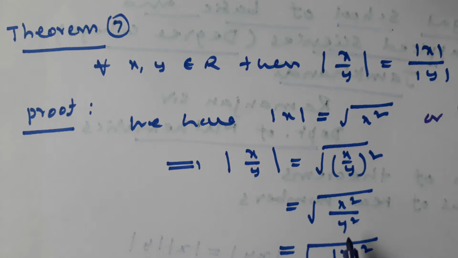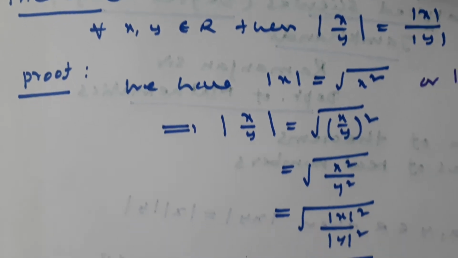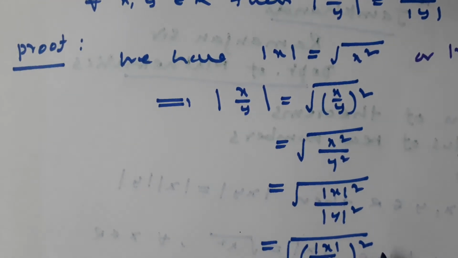Is equal to root of mod x square divided by mod y square, because these properties are true for all x, y belongs to R. Is equal to root of mod x by mod y whole square.